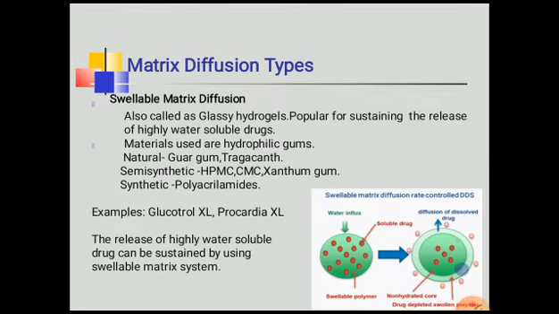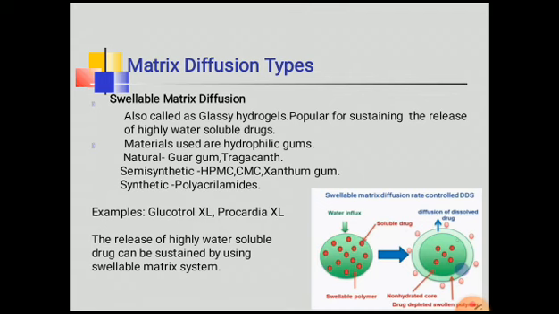So study what the matrix diffusion system is. Here we can observe two types, only in diffusion; in dissolution there is only one matrix type. The two types are the soluble matrix diffusion system and the non-soluble matrix diffusion system. In a soluble matrix system we use hydrophilic polymers.